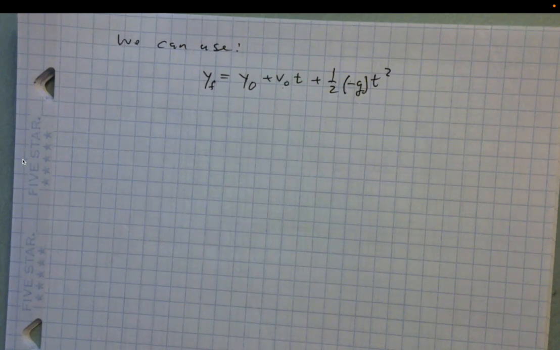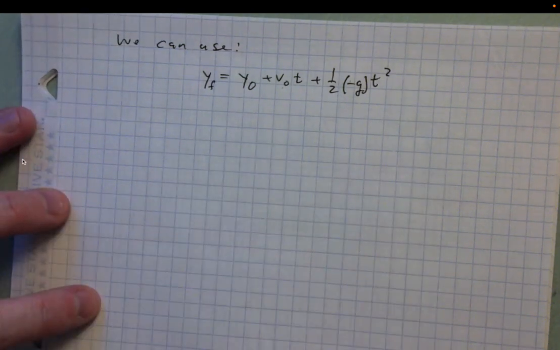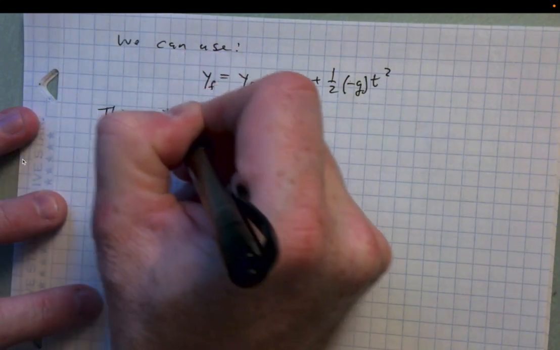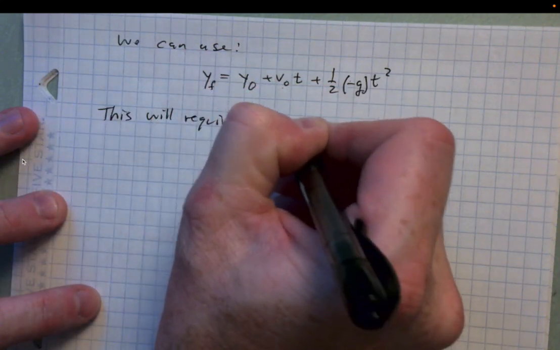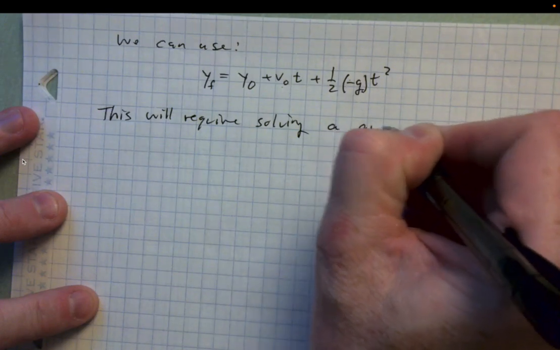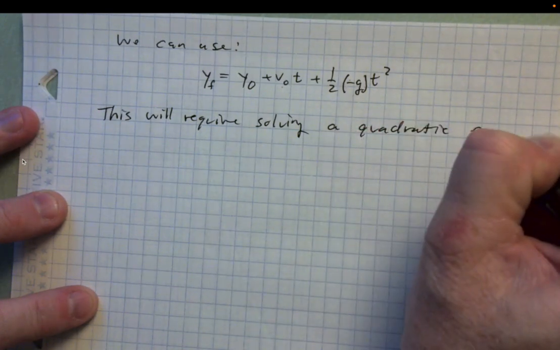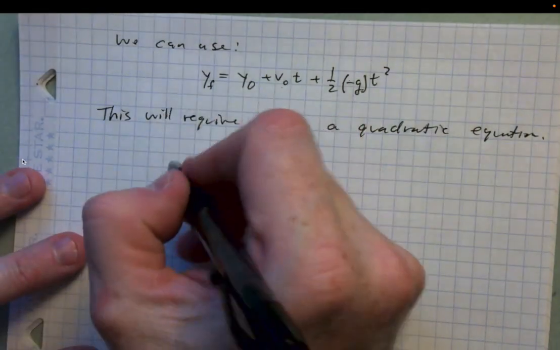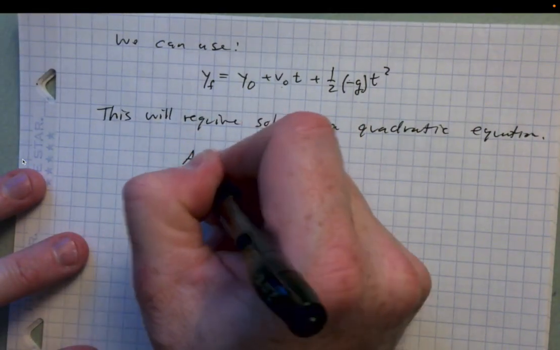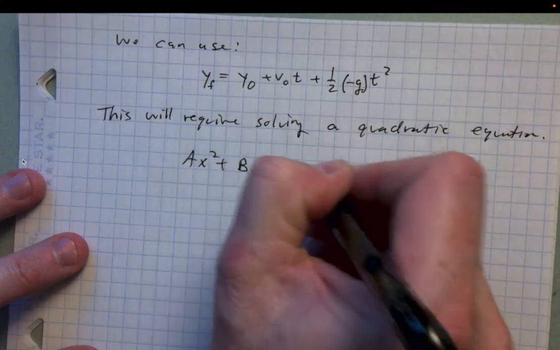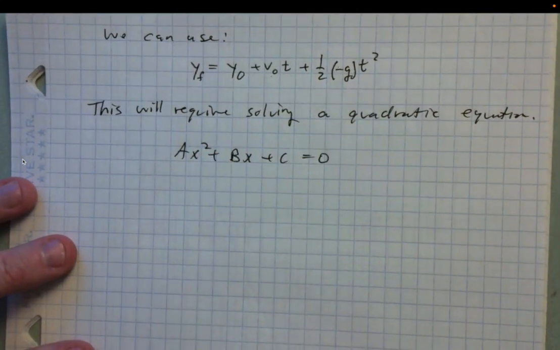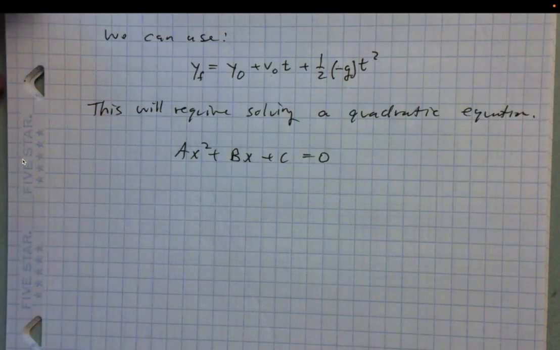And so what you're going to end up having to do here is solve a quadratic equation for this. This will require solving a quadratic equation. Okay, and you may remember that if I have an expression of the form ax squared plus bx plus c equals 0, then there's a closed form solution for this, right?